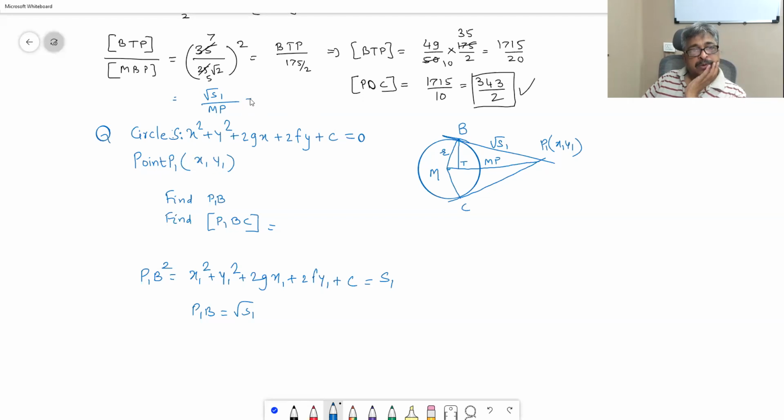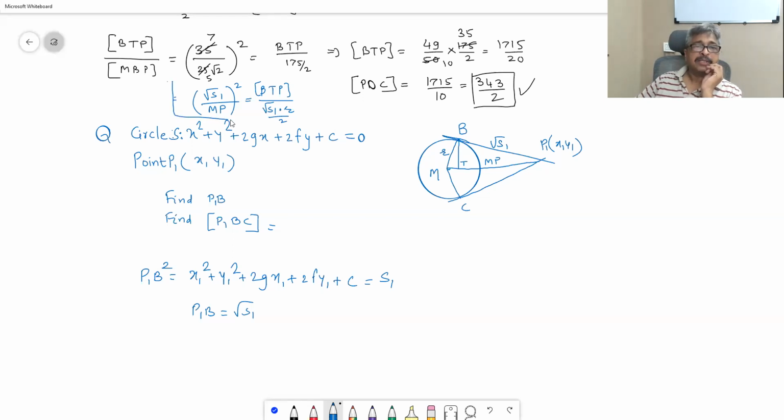So this is equal to the area of BTP upon the area of MBP, which is root S1 into R upon 2. MP can be written as root of S1 plus R square; MP square can be written as R square plus S1.